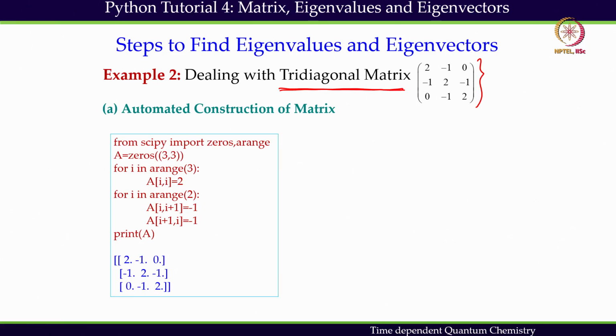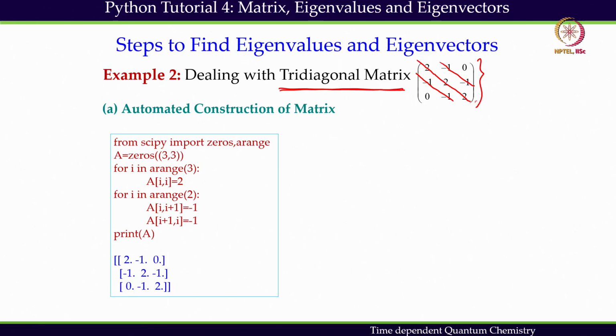Now, if you look at the tridiagonal matrix, something is very interesting to note. All diagonal elements are actually 2. Then upper diagonal elements are -1, and lower diagonal elements are also -1.